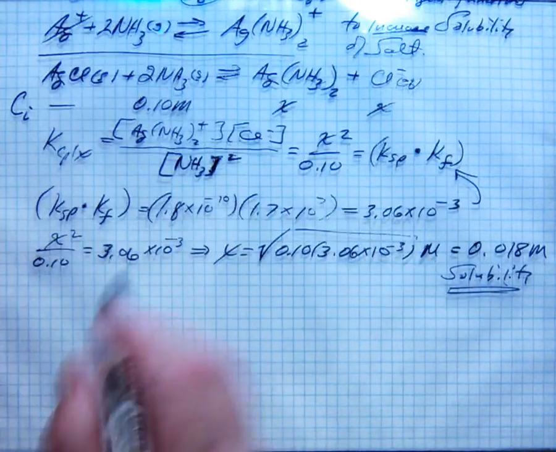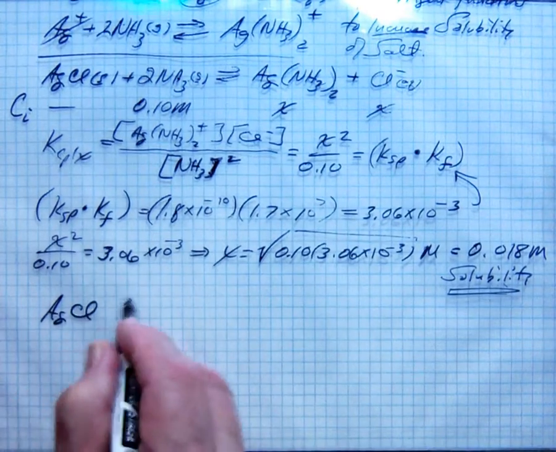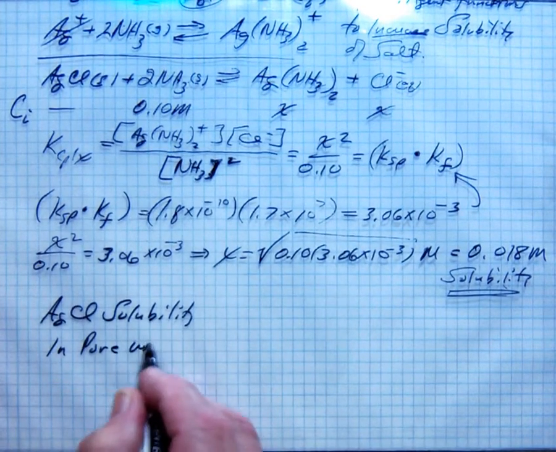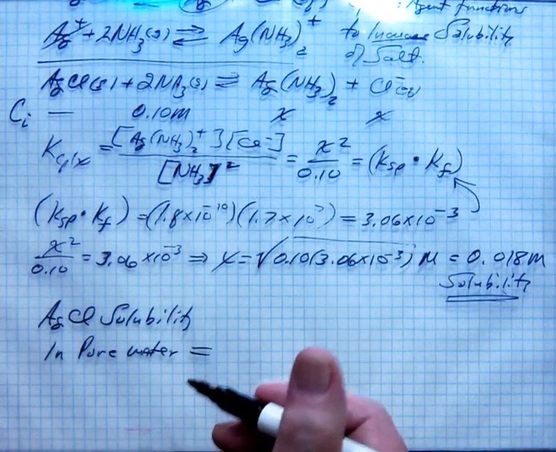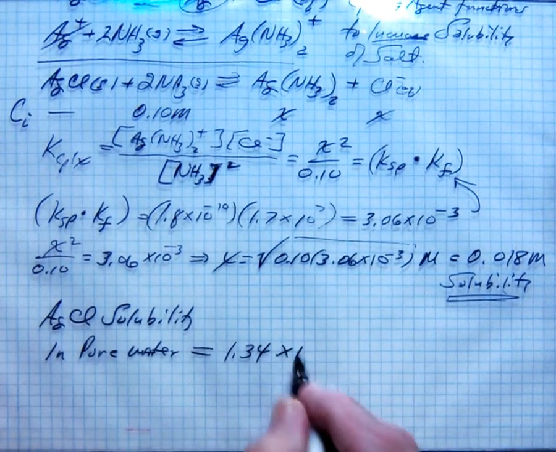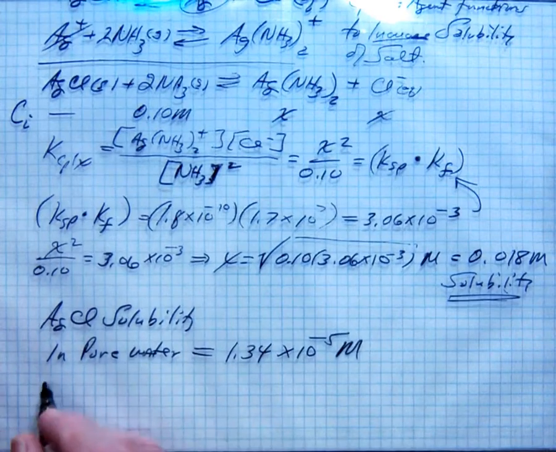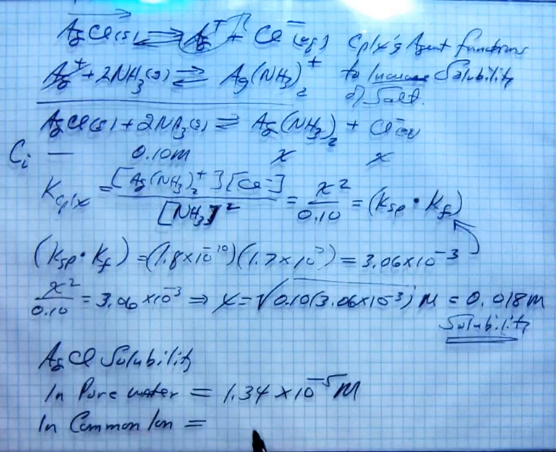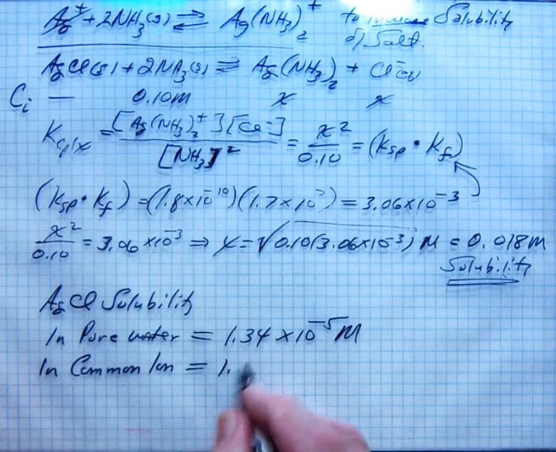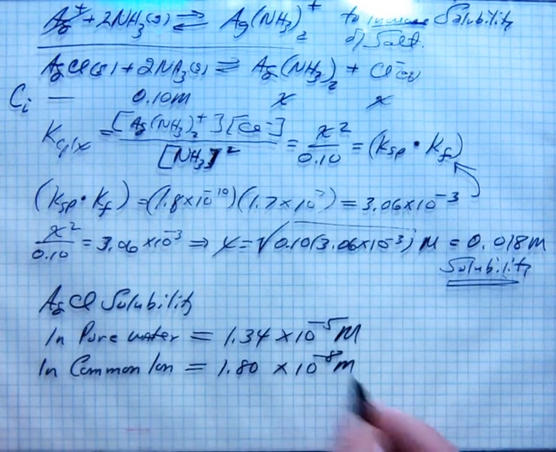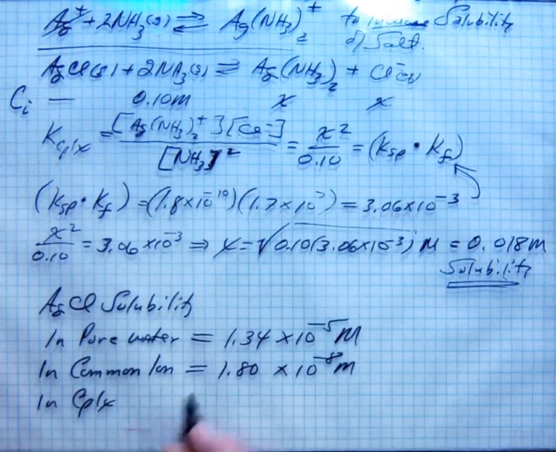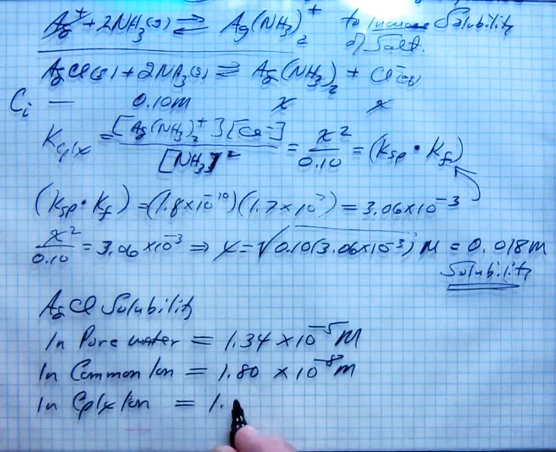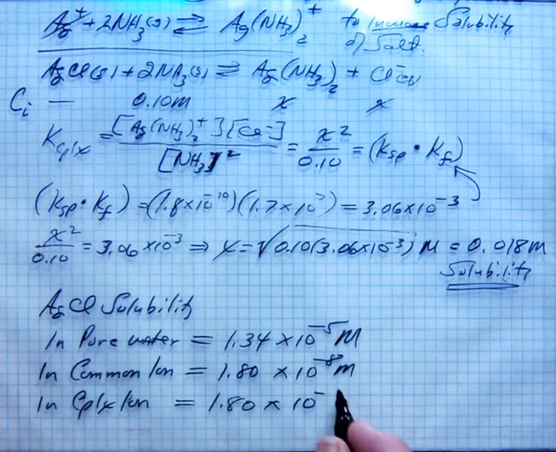Okay, so let's see. Pure water was equal to 1.34 times 10 to the minus 5 molar, and with the common ion, it is 1.8 times 10 to the minus 8 molar, and with the complexing agent it is 1.80 times 10 to the minus 2 molar.